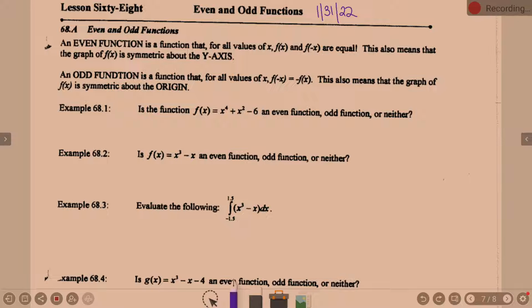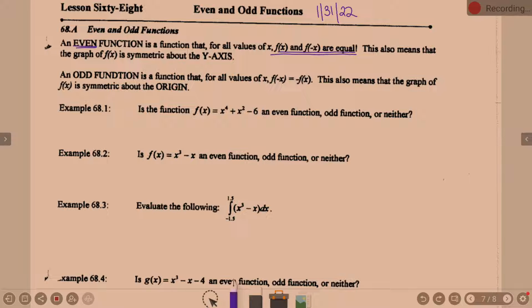So, an even function is a function that for all values, f of x and f of negative x are equal. If you recall, there's an algebraic way to determine if something is even or odd. Algebraically, it's f of x equals f of negative x.